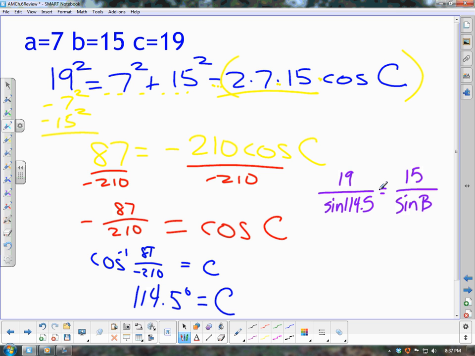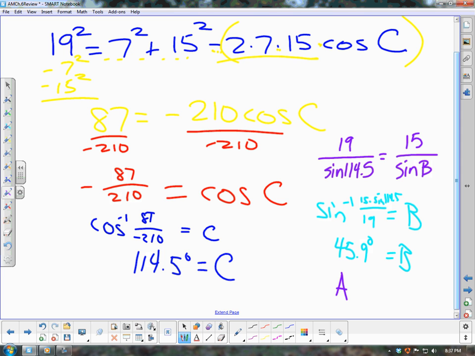So now, if you're going to figure that out, then B is equal to inverse sine of 15 times sine of 114.5 over 19, and so B is 45.9 degrees, and that then would make angle A 19.6 degrees.